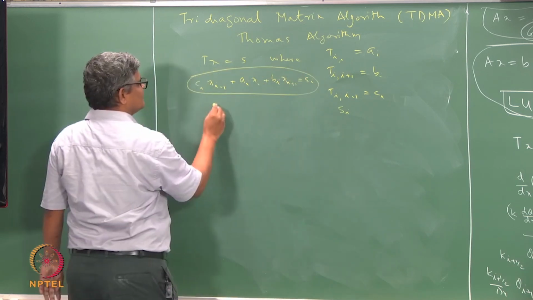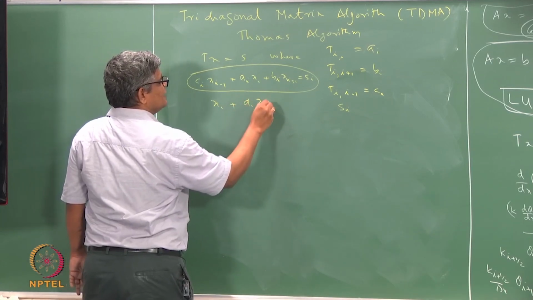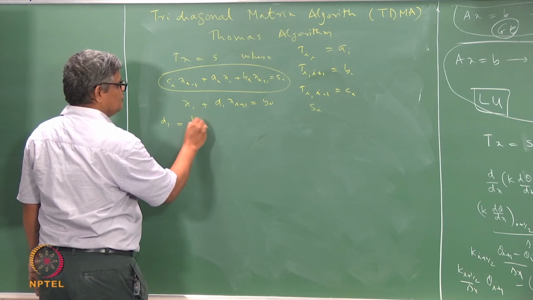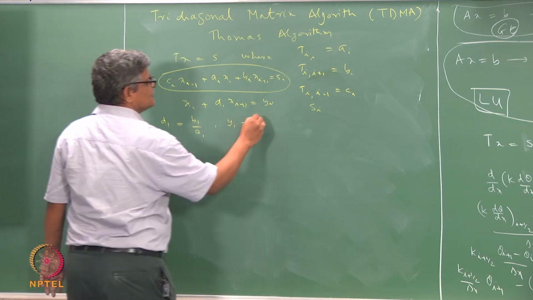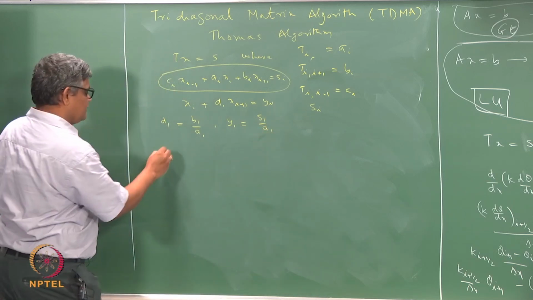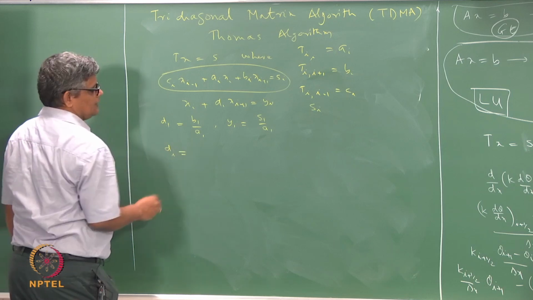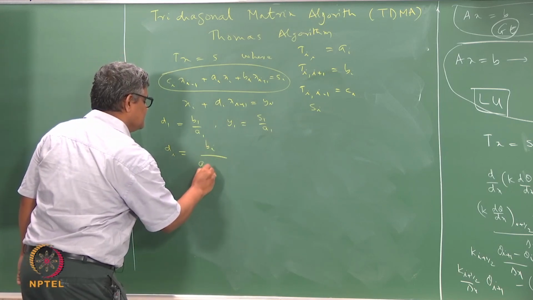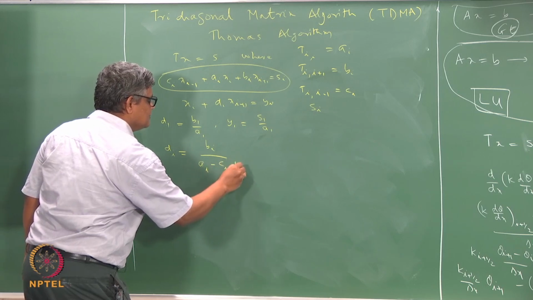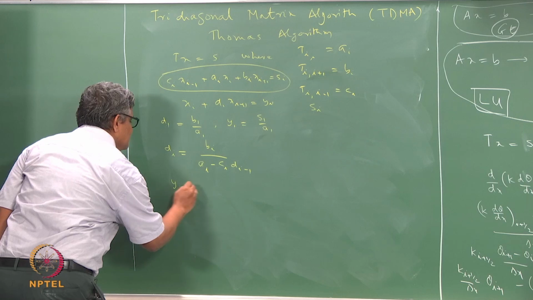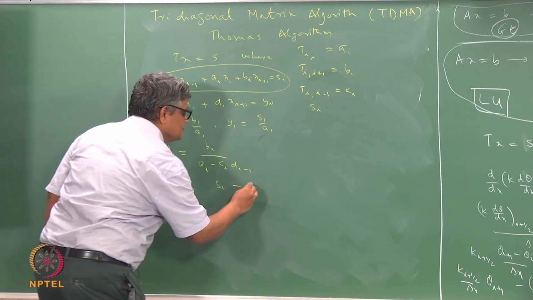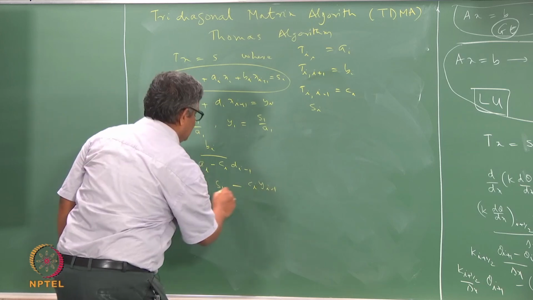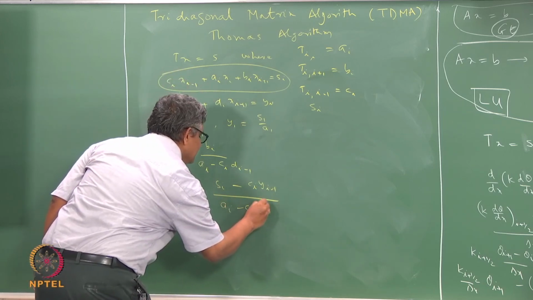So, this is rewritten as xi plus di xi plus 1 equal to yi, where d1 is b1 by a1 and y1 is s1 by a1, and we have di given by bi divided by ai minus ci times di minus 1, and yi is si minus ci yi minus 1 divided by ai minus ci di minus 1.